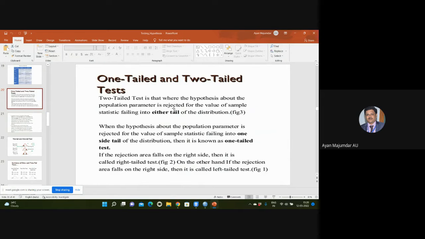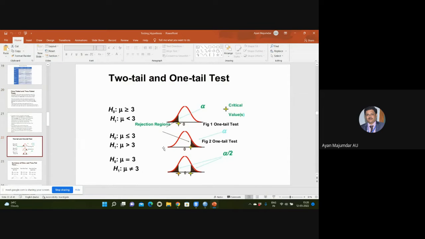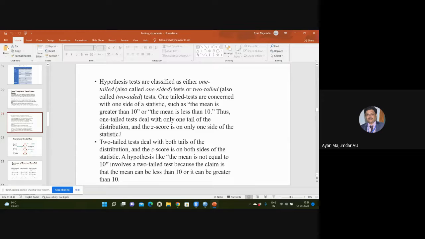If we reject when the value of a sample falls on either side of the tail, then it is known as a two-tailed test. Say if the value falls on either this side of the shaded region or this side of the shaded region, it is a two-tailed test. And if it falls on any one side of the tail, then it is known as a one-tailed test.